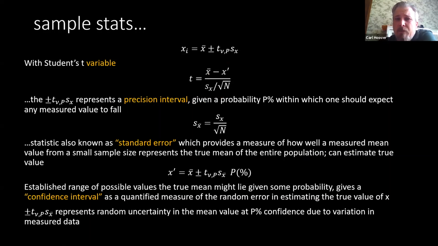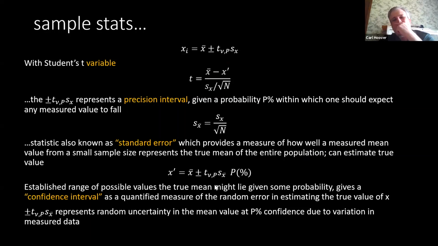In looking at the random error component, we used sampling as a tool, and we came up with the student's t distribution as a slight correction for a finite sample compared to a population, and used that t from a t-table and also standard error to help us develop a precision interval.